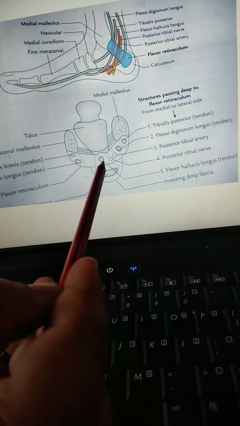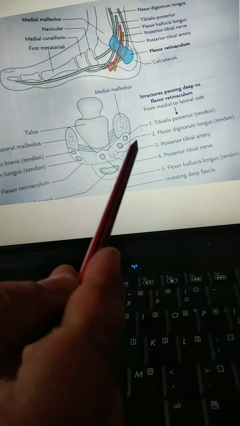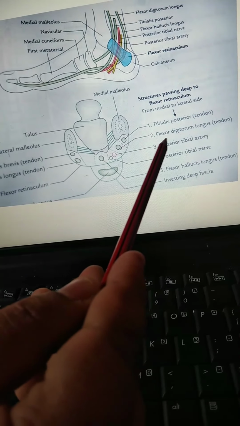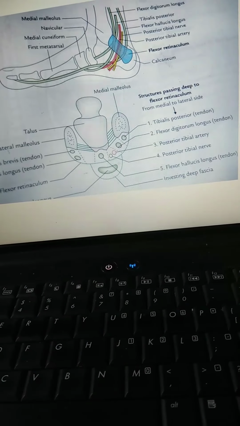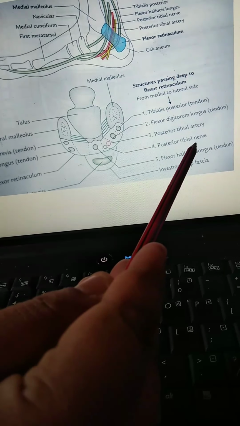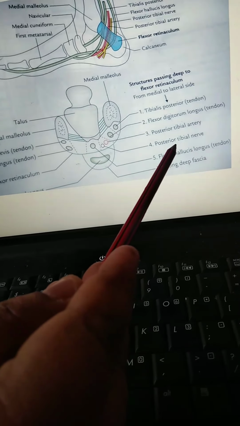You can remember it by the mnemonic: Tom, Dick And Very Nervous Harry. "The doctors are not here." The "the" means tibialis posterior, "doctors" means flexor digitorum longus, then "artery", then "nerve", then "hallucis longus" tendon.